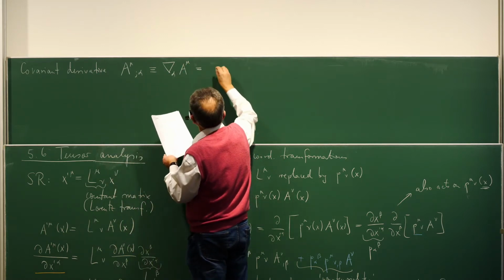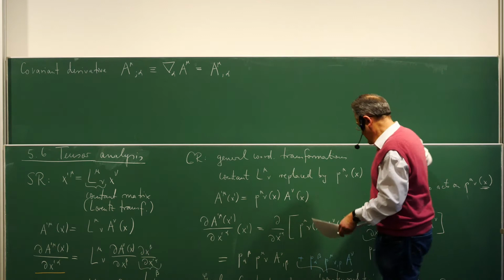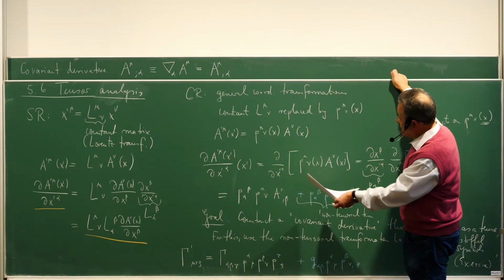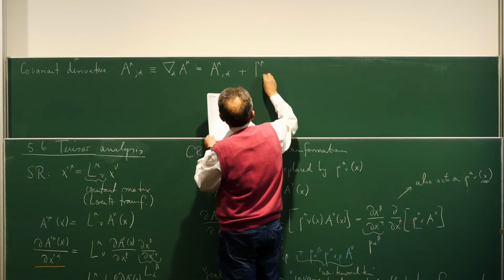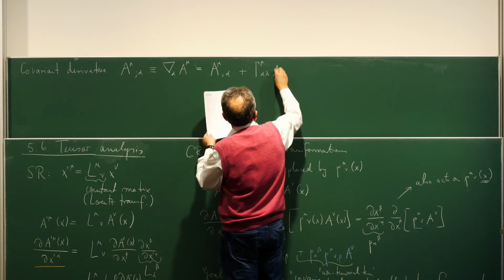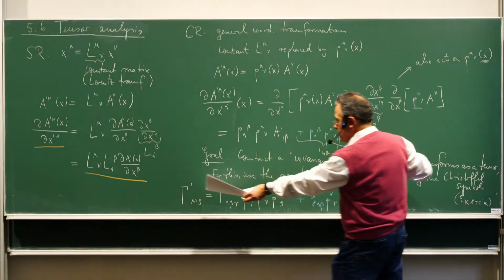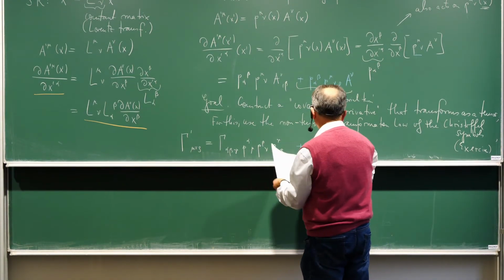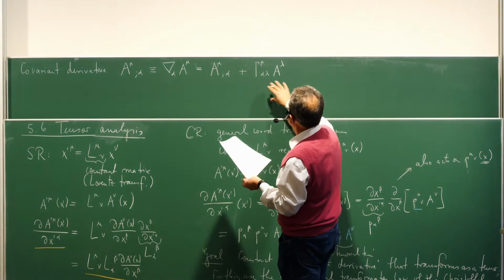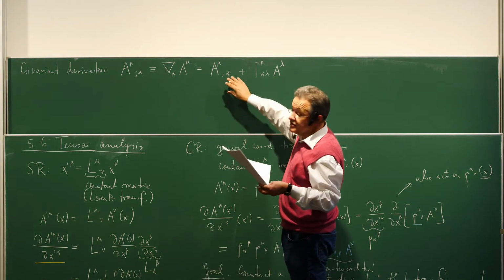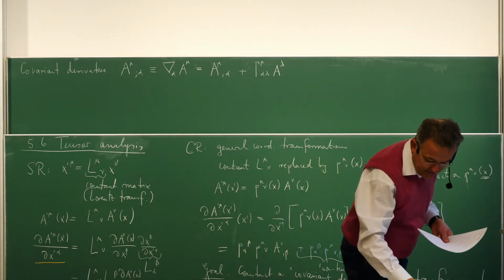But the definition is that, okay, you use the partial derivative, which is non-tensorial and has in the transformation this extra term, and add to it the following gamma term, gamma mu alpha lambda a lambda, so that when you use the corresponding version of the transformation with an upper index, then it's just 2 lines or so to see that the non-tensorial part here compensates the non-tensorial part there.